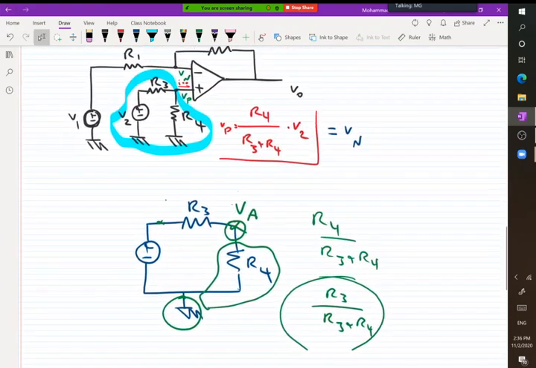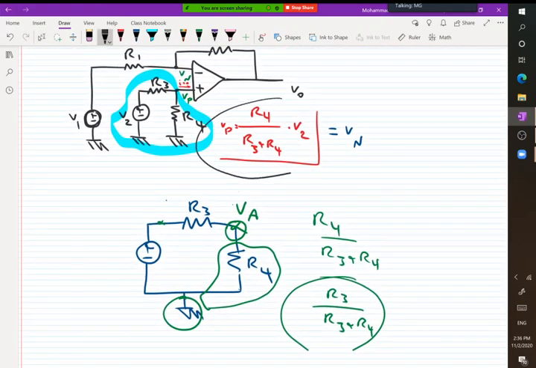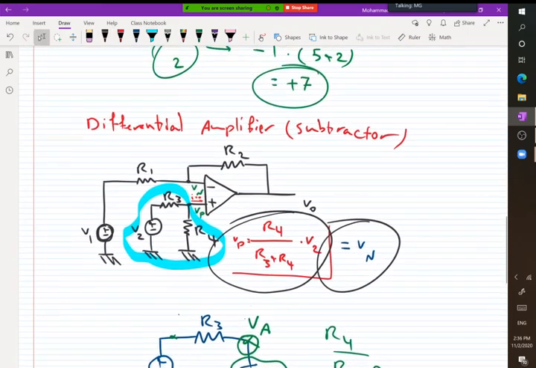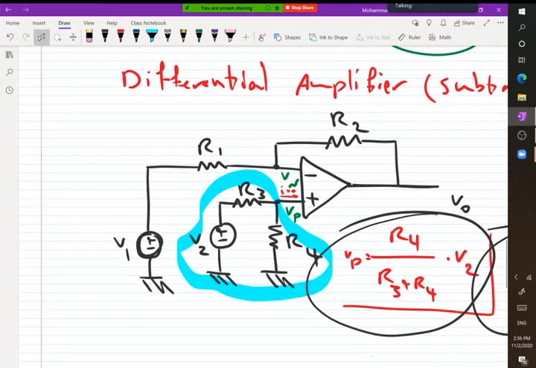So now we know Vp is equal to R4 over R3 plus R4 times V2, which is the same as Vn. Now that we got to this point, it's time to write the KCL at this point. How do we find this point? This point is the point that the feedback is connected to the input. So which node should we write the KCL?